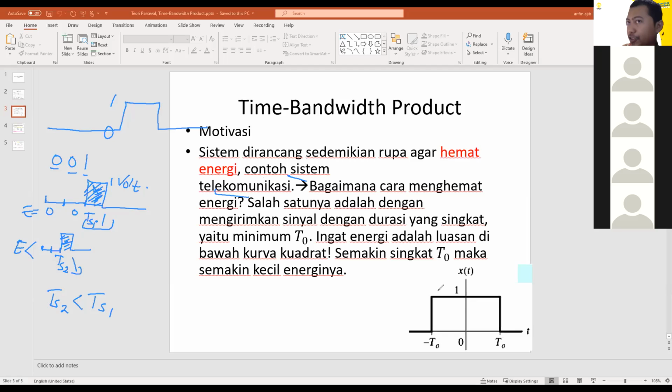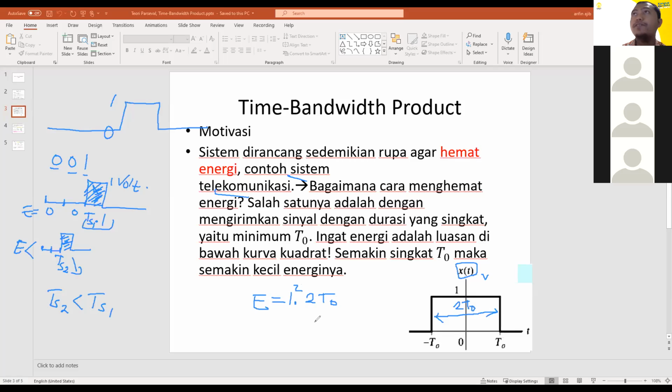In this case, you can see here, for example, this is x(t), and we have a signal duration of 2 times T0. So the energy is simply the magnitude 1 multiplied by 2T0. If this is a voltage, it is squared, but it doesn't affect, right?